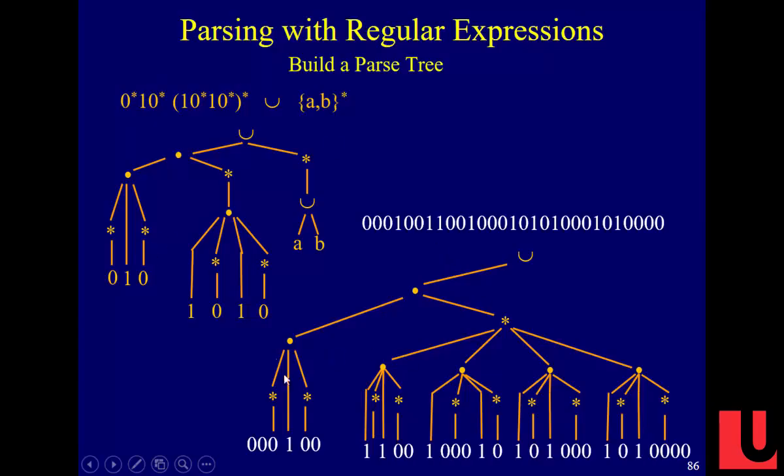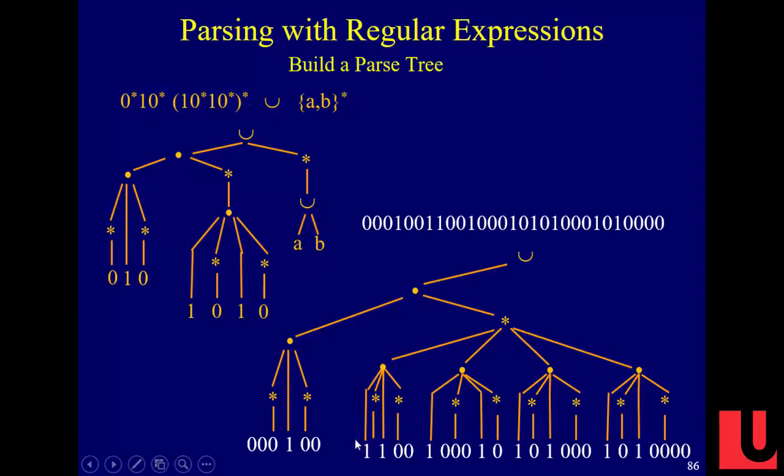And then I would say, oh, look at 1, 1, 0, 0 is in 1, 0 star, 1, 0 star. In fact, each of these, 1, 0, 0, 0, 1, 0, is also in 1, 0 star, 1, 0 star. Each of these bottom things is in 1, 0 star, 1, 0 star. So the lot of them concatenated together is in this thing starred.